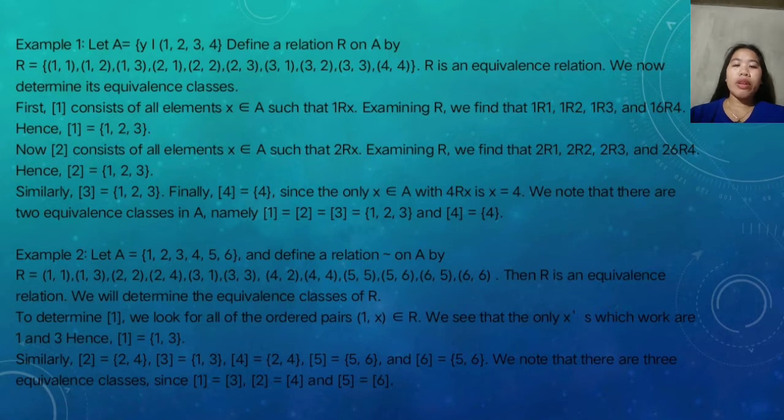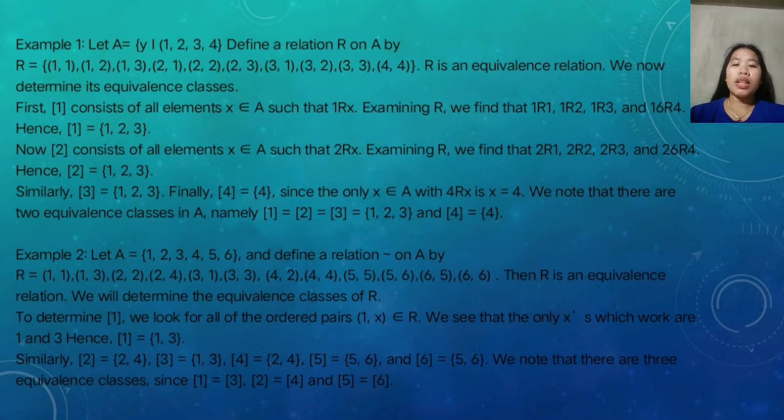Examining R, we find that 2 R 1, 2 R 2, 2 R 3, and 2 is not related to 4. Hence, [2] is equal to {1, 2, 3}. Similarly, [3] is equal to {1, 2, 3}. Finally, [4] is equal to {4}, since the only x in set A with 4 R x is x equal to 4.